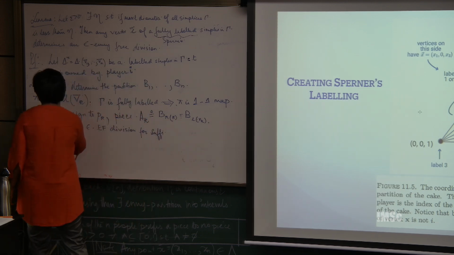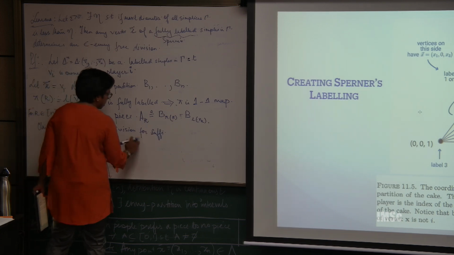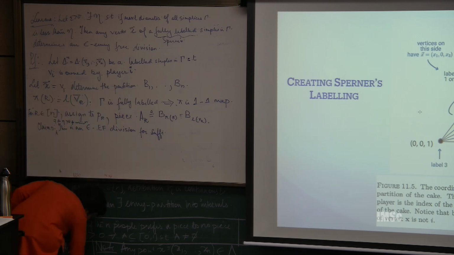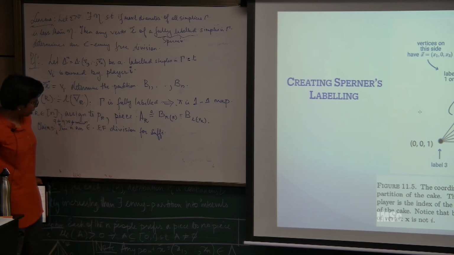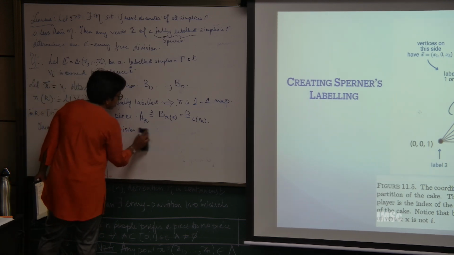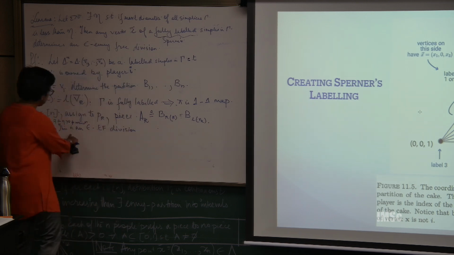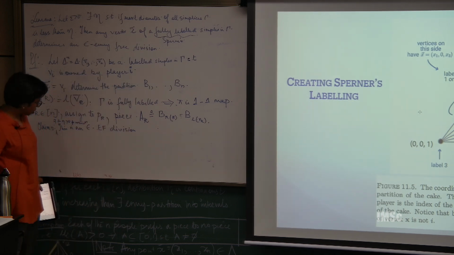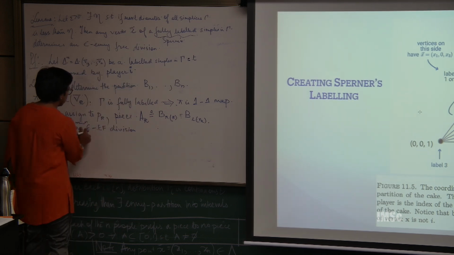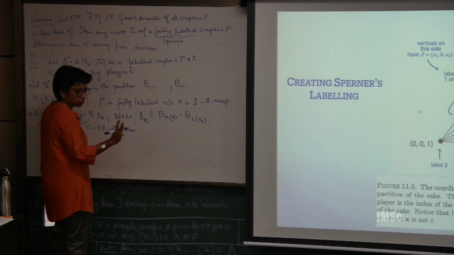There exists an eta for which this is an epsilon fair division, because you can create smaller and smaller subdivisions. This will show that there exists an eta for which this will be an epsilon envy-free division.